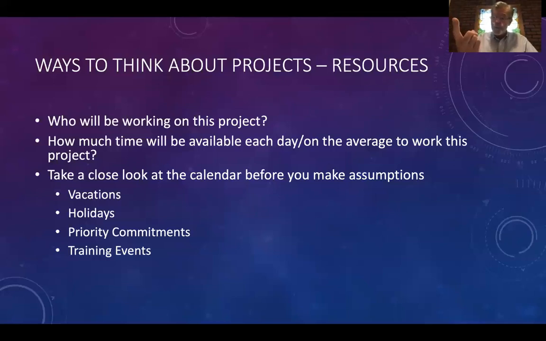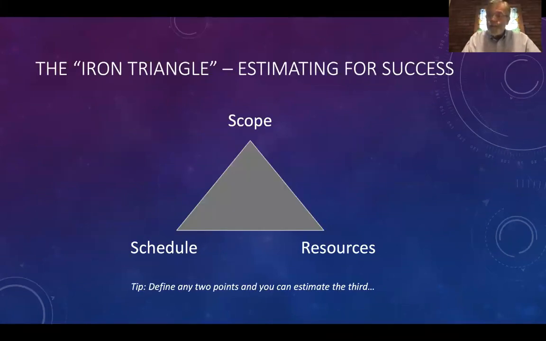So scope, schedule, and resources are the three parts of what has come to be known as the iron triangle. And this is very basic in project management. Scope, schedule, and resource. Why do they call it an iron triangle? Real easy. It doesn't bend.